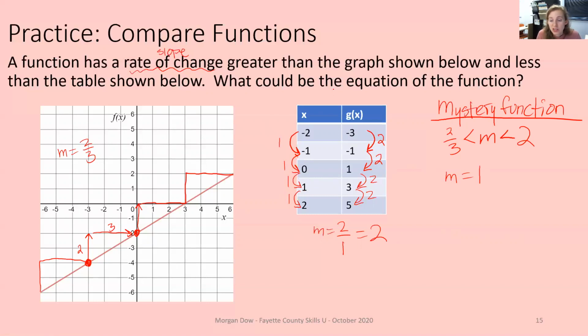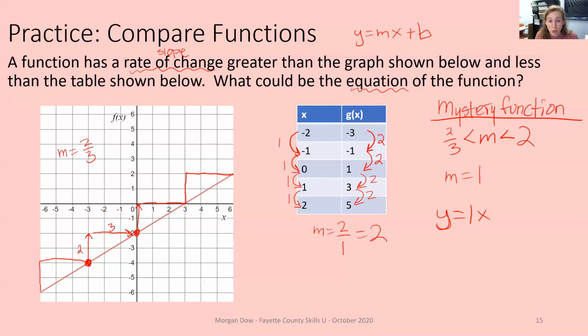And now we just need to come up with an equation that has a slope of 1. So remember, the linear equations we've been working on have had this form of y equals the slope times x plus or minus the y-intercept. So for our mystery function, I'm going to use a slope of 1, so 1x, and then I can pick any y-intercept I want, right?